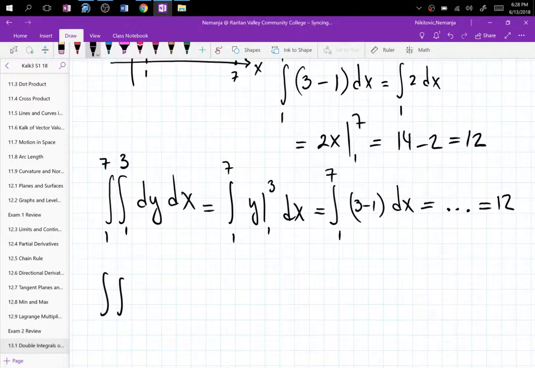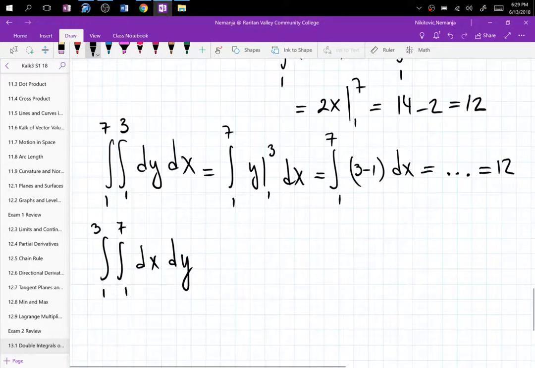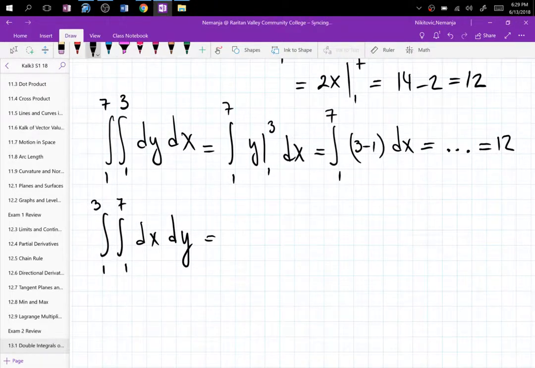If it's still not clear, just do it the other way, because we can. Switching the order of integration obviously switches x and y. Then you will calculate the x integral first. So the integral of 1 is x from 1 to 7.